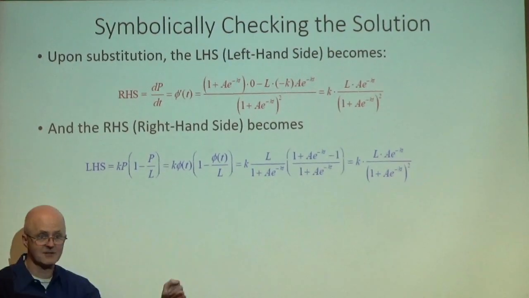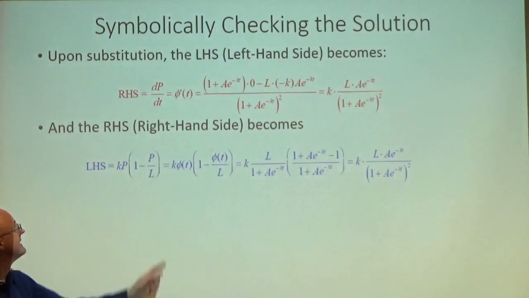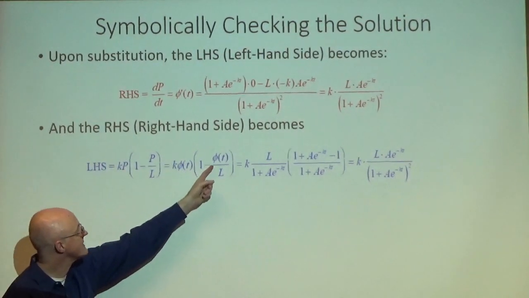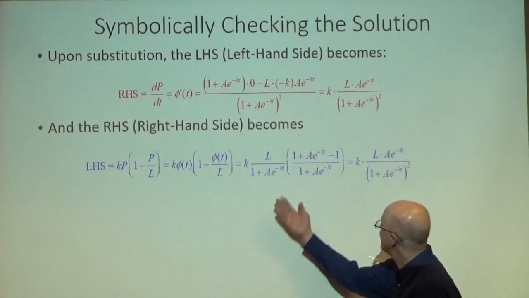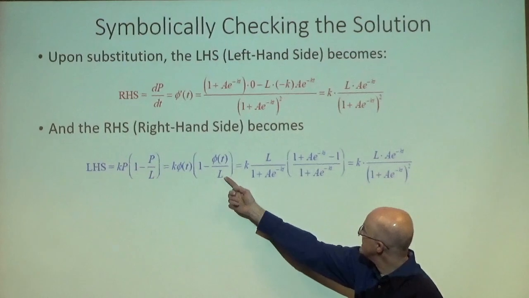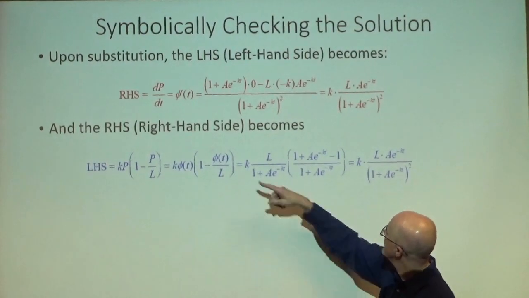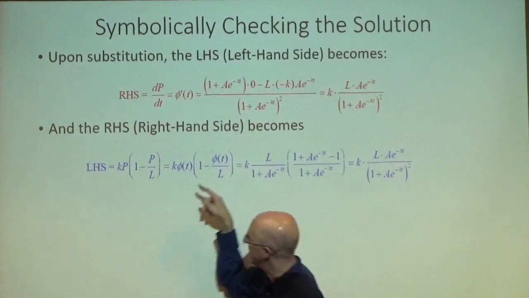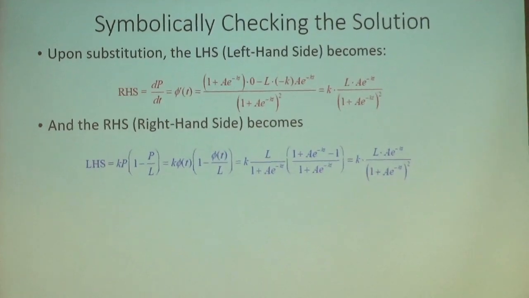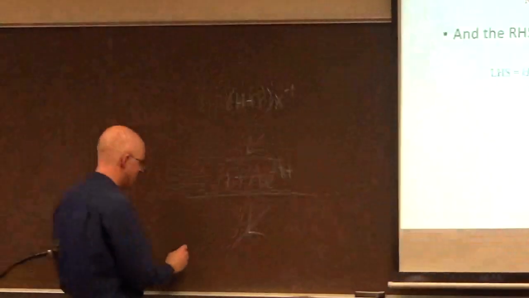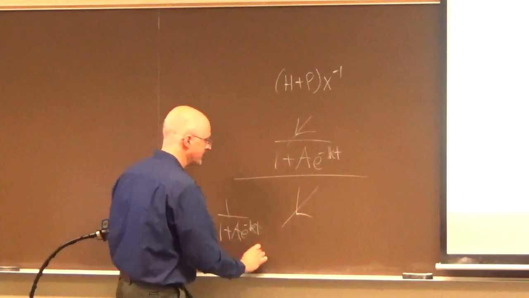You replace P with the function. P is a function of t. Replace it with the function. So do k times phi of t times 1 minus phi of t over L. Plug it in and simplify. It's essentially, I need to subtract these fractions here. I did cancel the L here, and divide this by L. The L's cancel, leaving me with 1 over 1 plus a e to the negative kt.